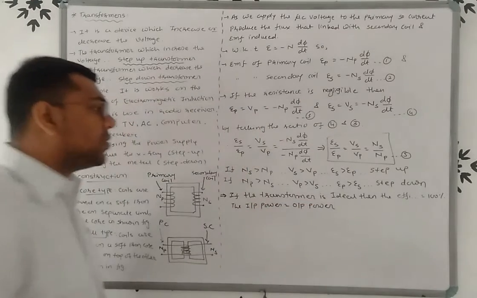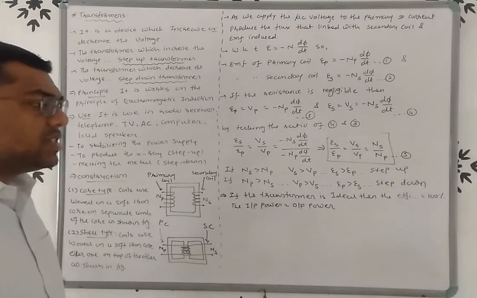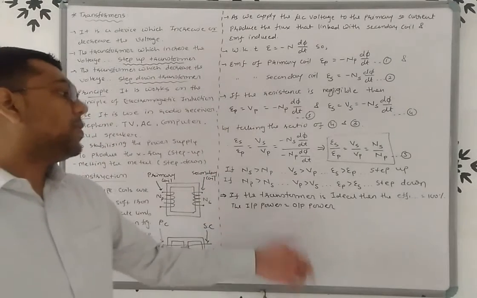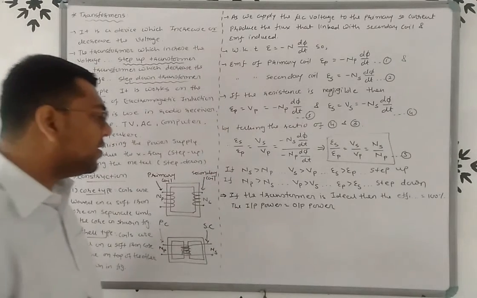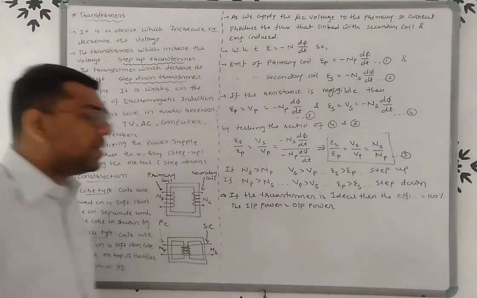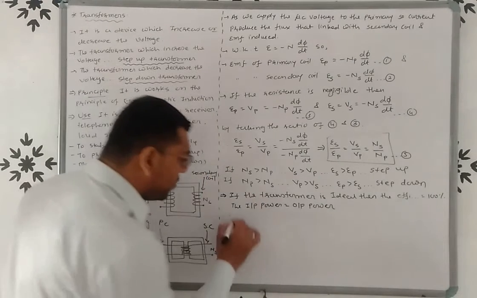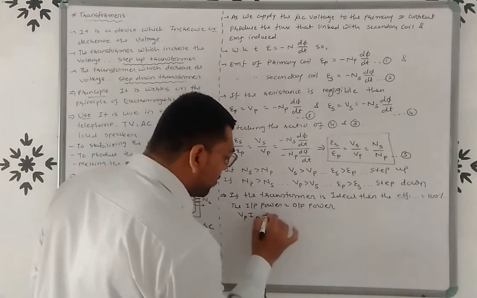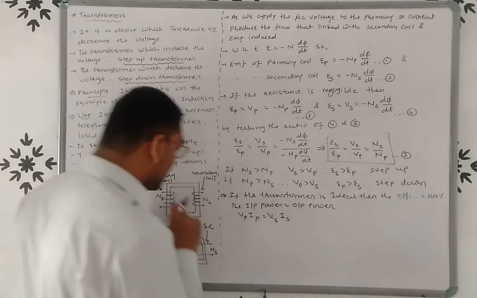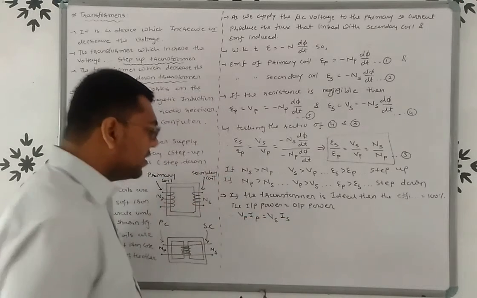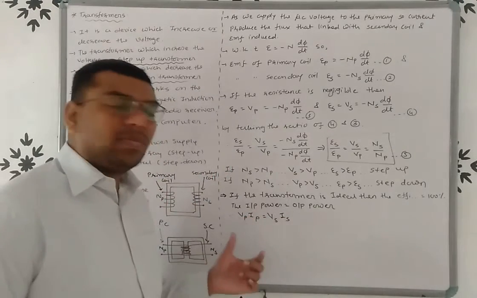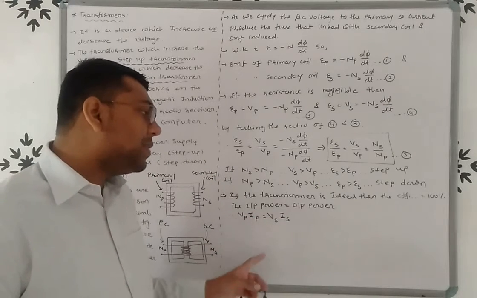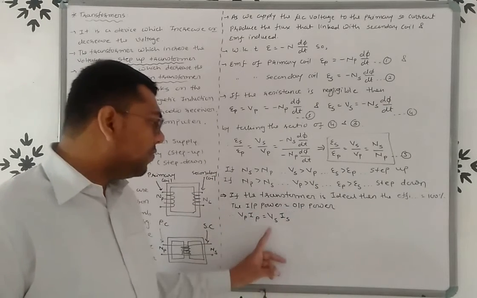So if the transformer is ideal, then there is no loss, so efficiency 100%. So the input power is equal to output power. We know that power P is equal to VI. So input power, that is VpIp, is equal to output power VsIs, because input is primary, output is secondary.